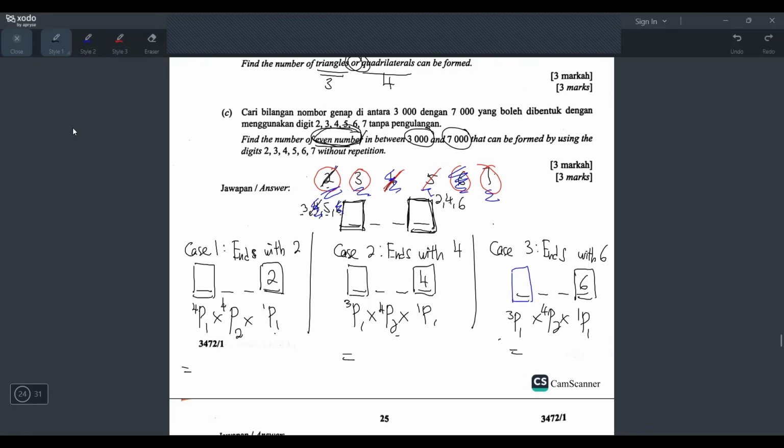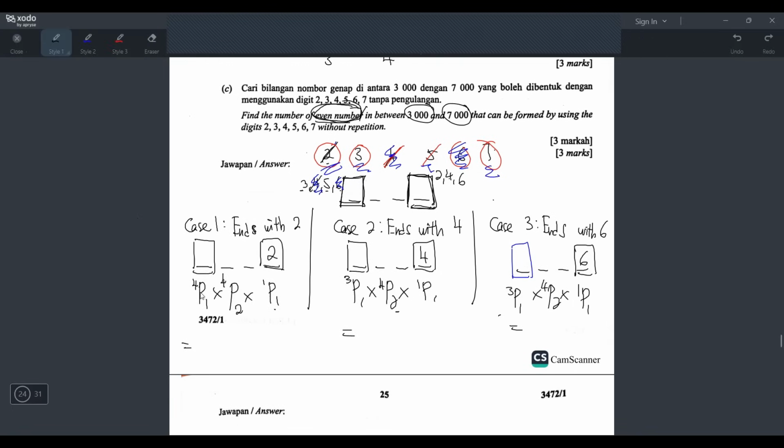So I hope you understand my explanation. Now it's time to press the calculator. So what is 4P1 times 4P2? You can press the calculator, you will get 48. Same thing here, you can press the calculator, you will get 36. Wait, let me try. Yeah, 36. And the last one, you can press the calculator also, you will get 36 also.